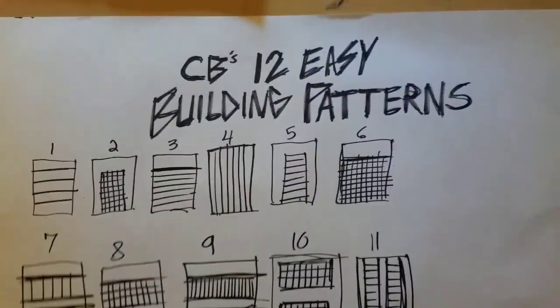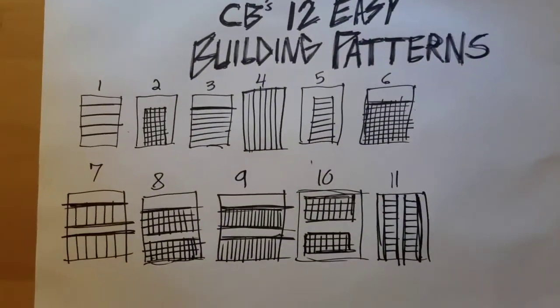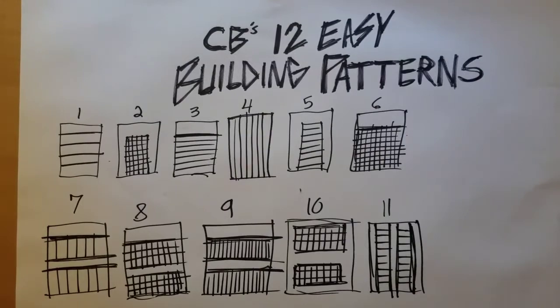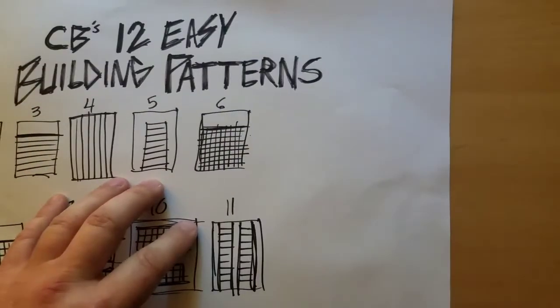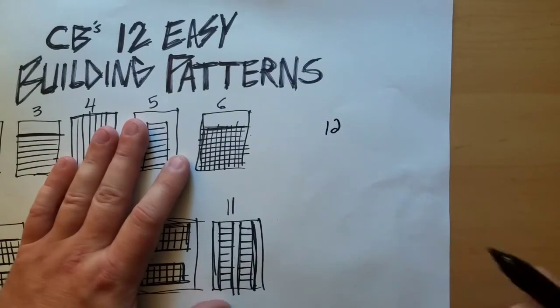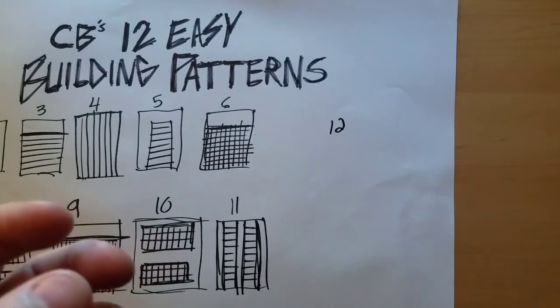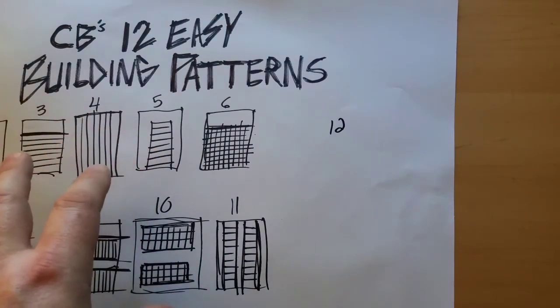But I said that there was 12 of these, right? There's 12 of these fantastic buildings that we're going to put in this. So let's go over to number 12, and we'll put number 12 right here. Now, number 12 is not so much a detailed pattern, which these are not detailed by any measure.